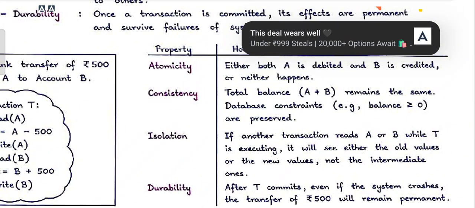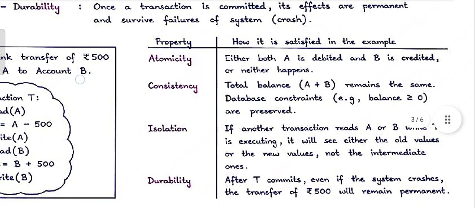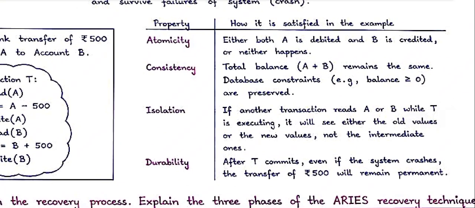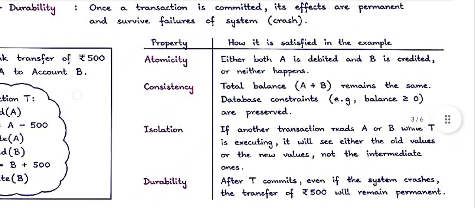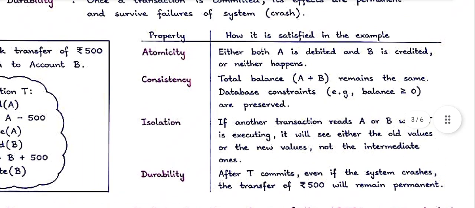Atomicity: either both A is debited and B is credited, or neither happens. Consistency: the total balance A plus B remains the same before the transaction as well as after the transaction. Database constraints, for example balance greater than or equal to 0, are preserved.